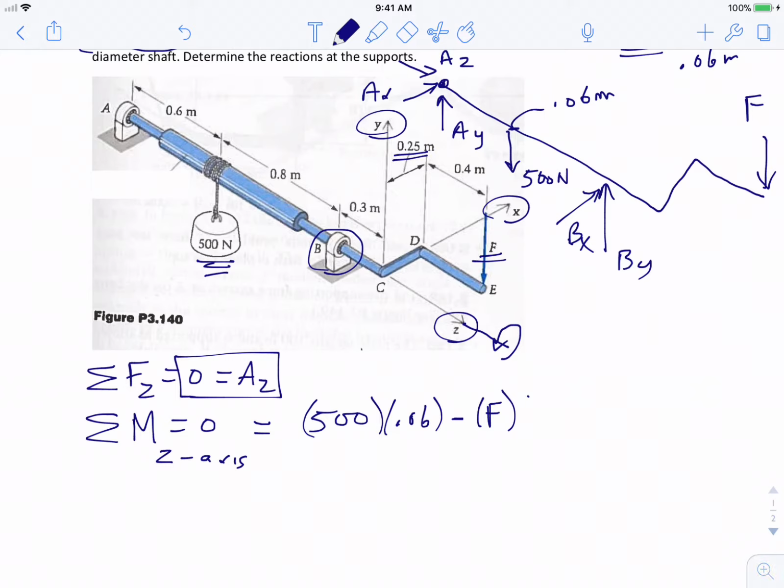That's the distance from the axis. And so what else? Well, BX and BY are going through the axis, and so are AX, AY, and AZ. So we actually only have one unknown, and that was a great selection of starting point. And so therefore, F equals 120 newtons.